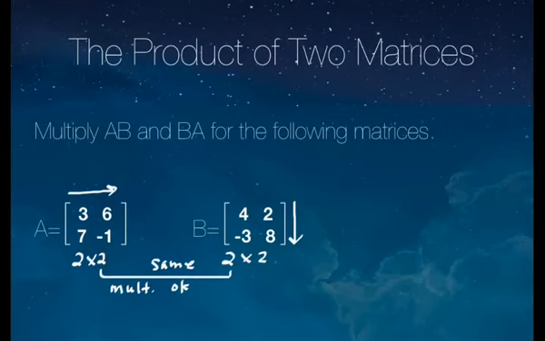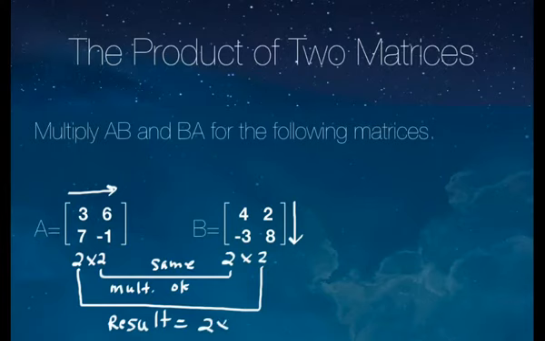But when you get into different varieties of rows and columns, you don't have the same freedom. Something else of interest is that the outer dimensions tell us how big the result is. So my result here is going to be another 2 by 2 matrix.